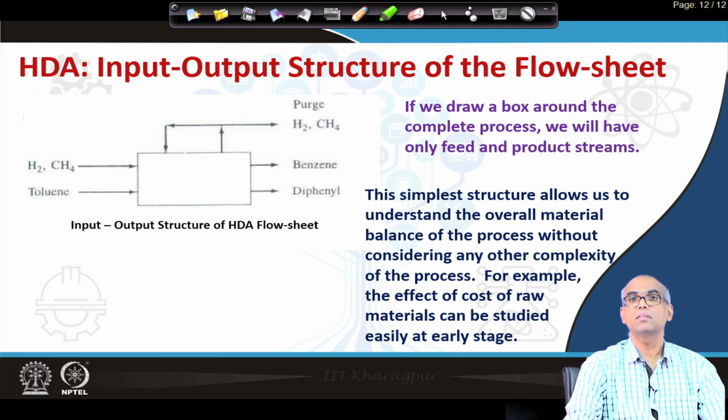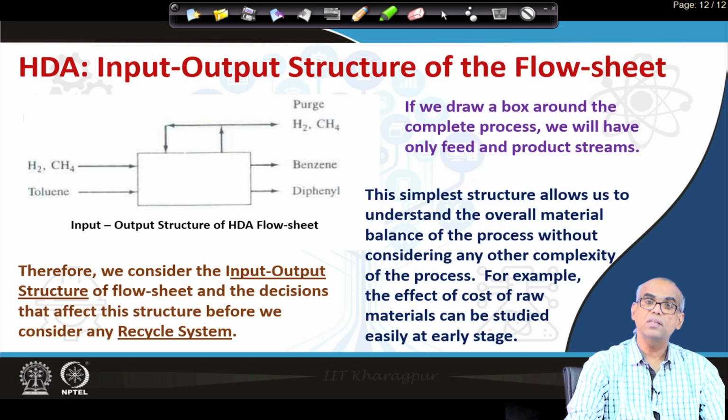For example, the effect of the cost of raw materials can be studied easily at such an early stage with this input output structure of the flow sheet.